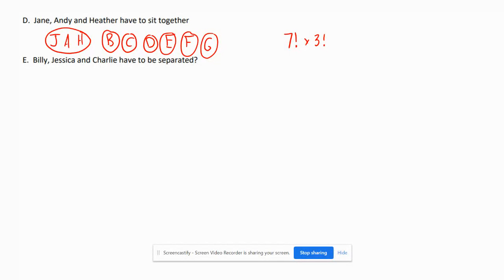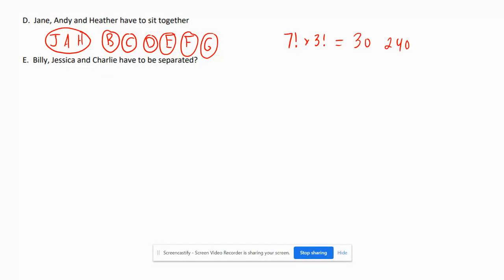We have 7 factorial times 3 factorial equals 30,240.